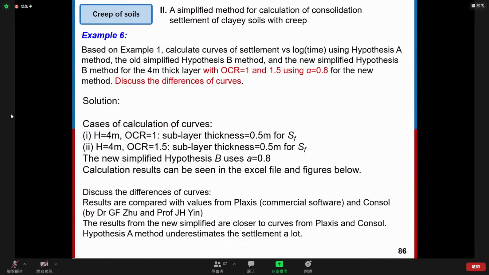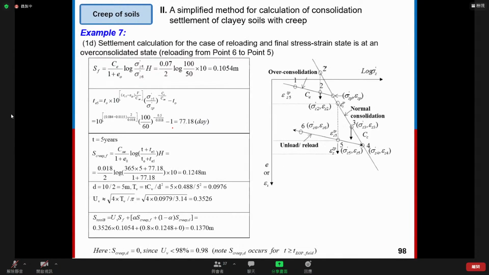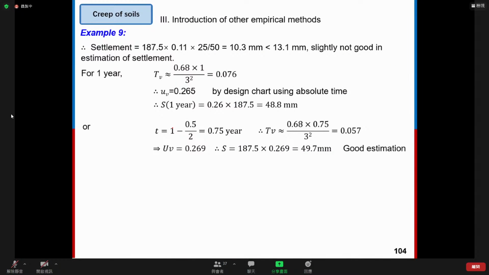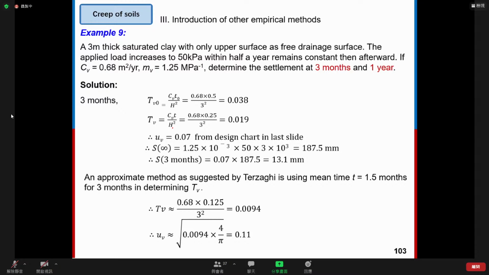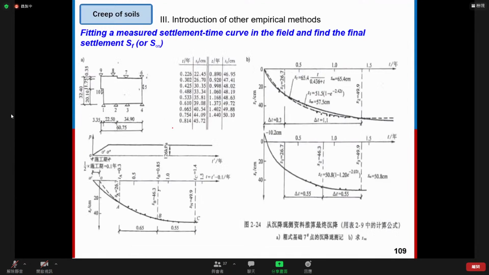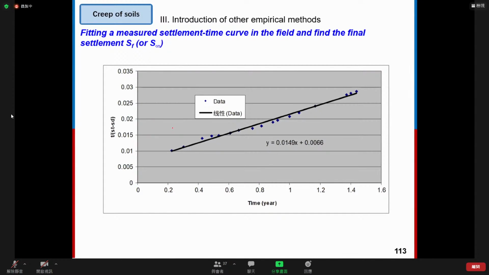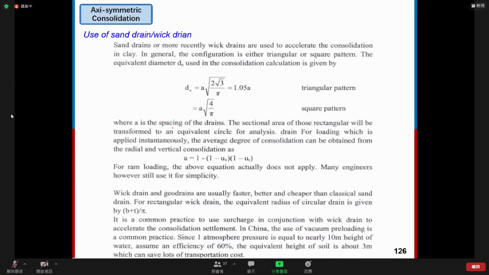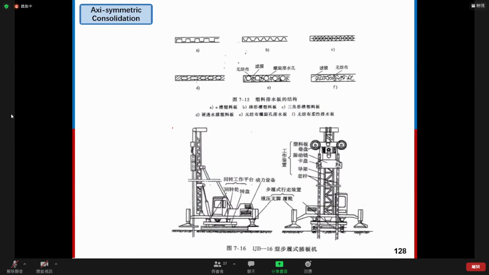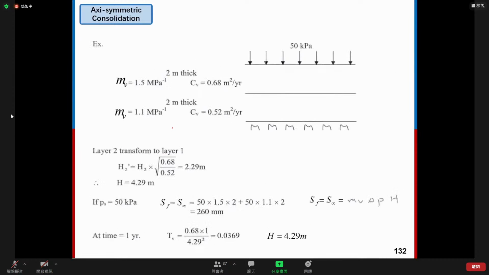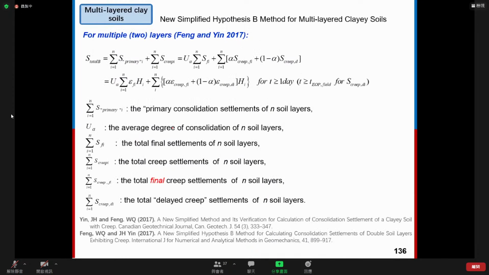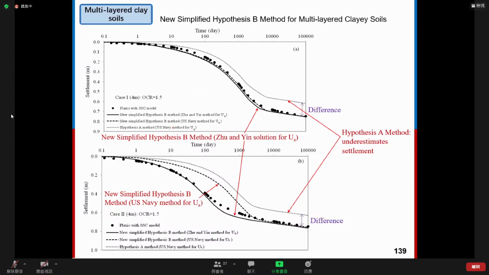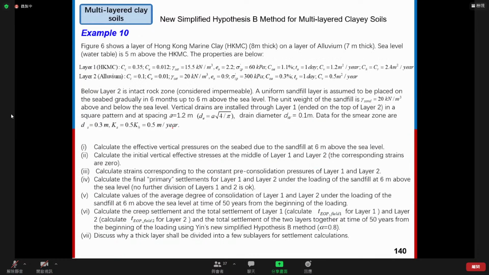So examples 5, 6, and 7, 8, we already discussed. Example 9, you can go through by yourself. And today, let's see and discuss together example 10. Example 10 is actually a very important example. And later, you are required to submit the assignment after we finish lecture 2.